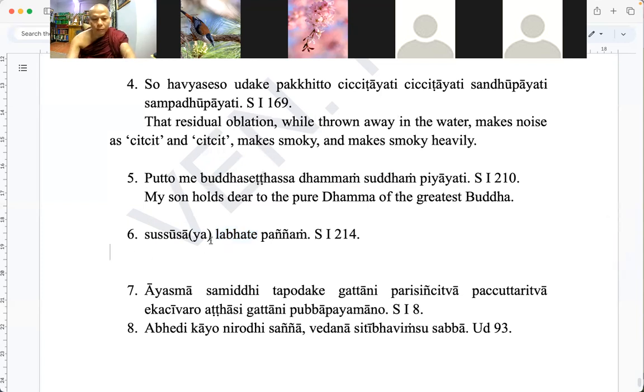So here there is no subject, but labhati is third person singular. So one obtains wisdom susaya, by obedience.